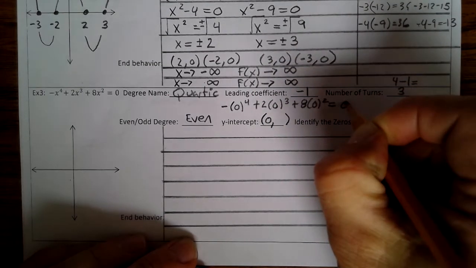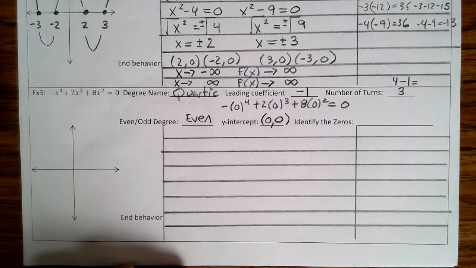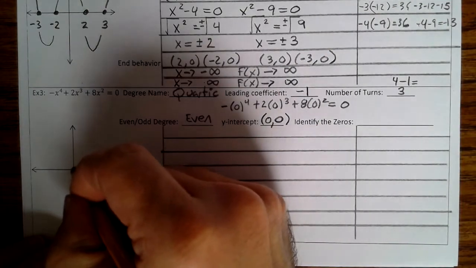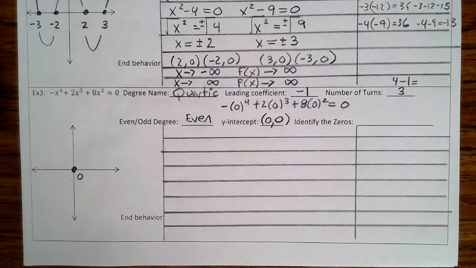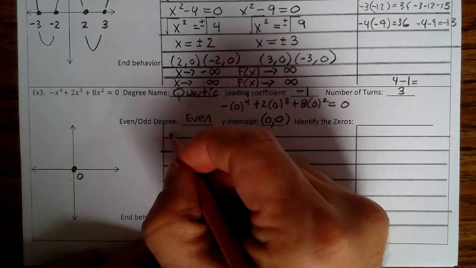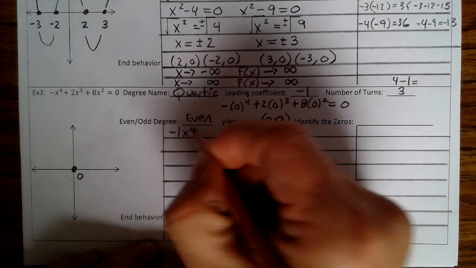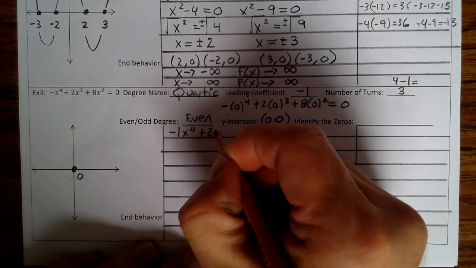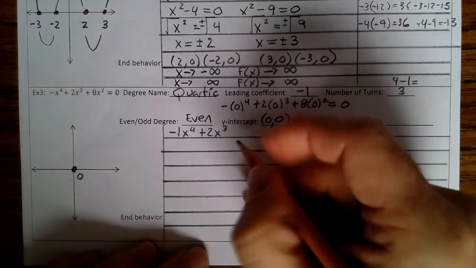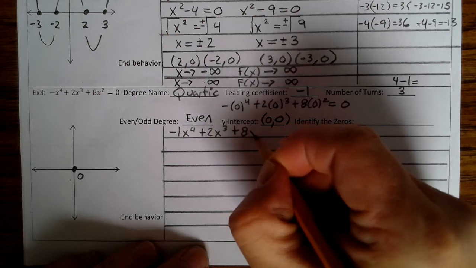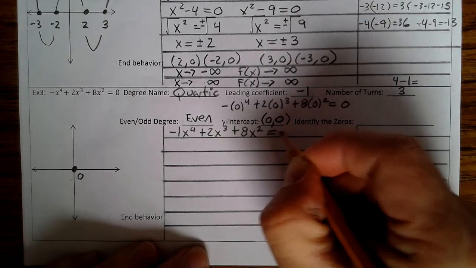Okay, so now we set negative 1x to the 4th plus 2x cubed plus 8x squared equal to 0. Now, we can factor out a -1 and an x to the second power.